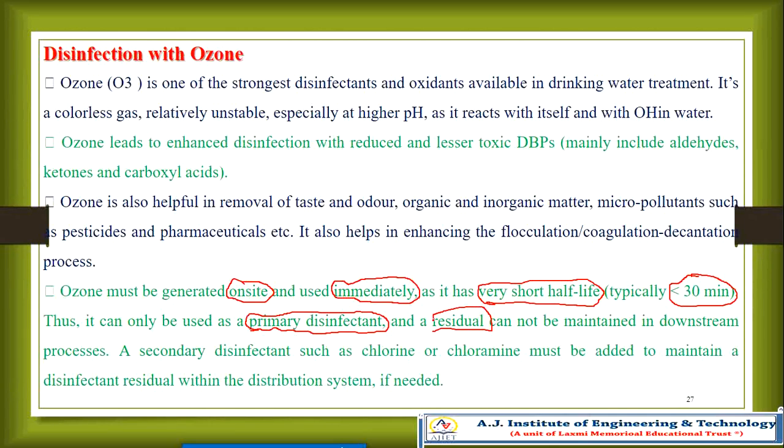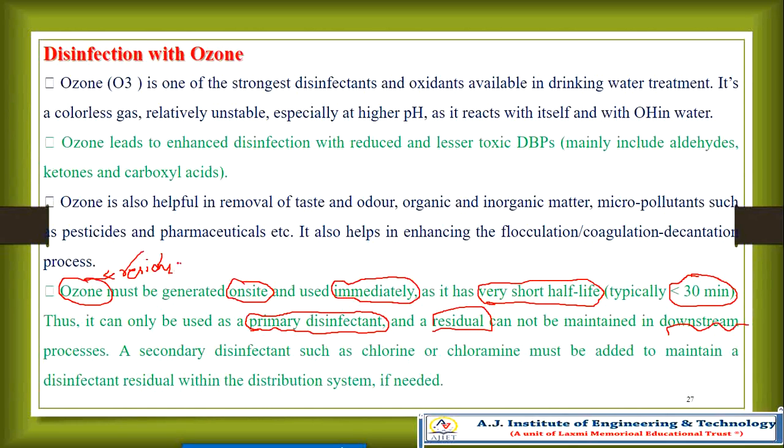That cannot be maintained downstream, because of the short life. Secondary disinfectants such as chlorine and chloramine must be added downstream. For example, if you want residual, this ozone will not give residual.